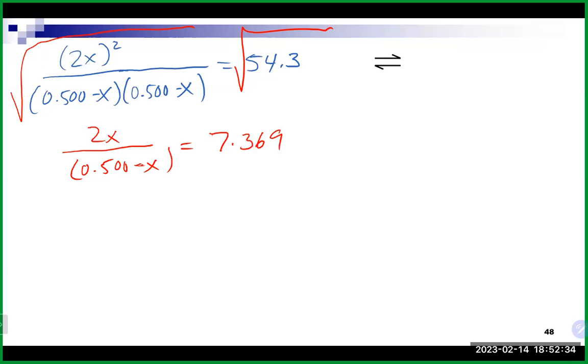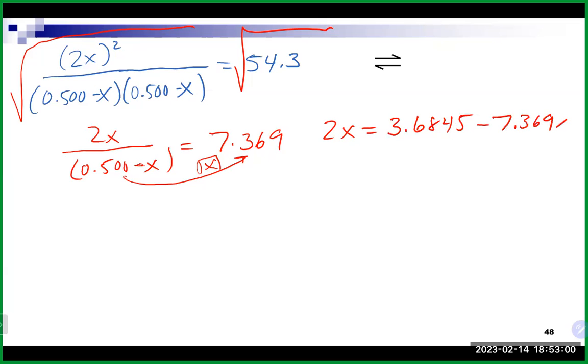It's good math practice if you did the other. It's all right, it won't kill you. At this point, it makes it much easier to solve for x, which I'm a fan of. So we're going to multiply what's on the bottom to the other side. That will give us 2x on the left, and we will end up with 0.5 times 7.369, something like 3.6845, minus 7.369x.